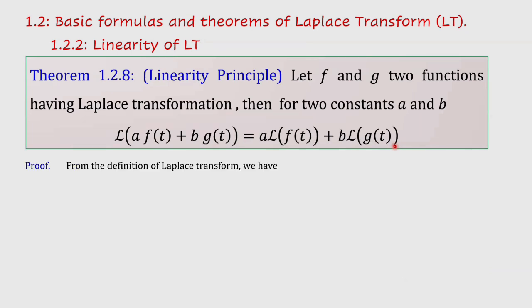From the definition of the Laplace transform, let's recall: L{f(t)} equals the integral from 0 to infinity of e to the power minus st f(t) dt, provided this integration exists.